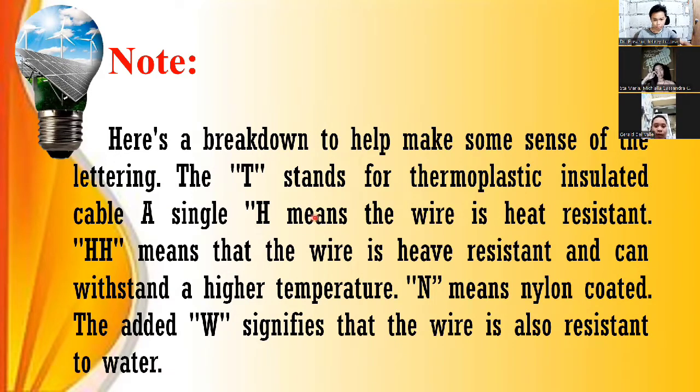So kapag double H naman, pwede siya sa mga wire na kung saan matataas na temperature. So ang N naman means nylon coated. The added W signifies that the wire is also resistant to water. So next po.